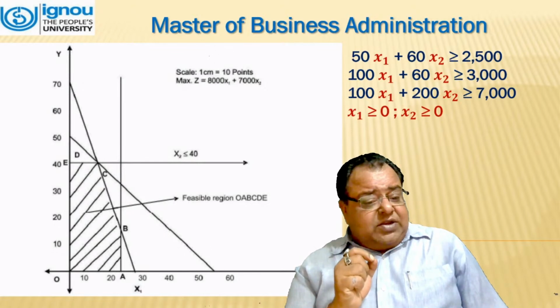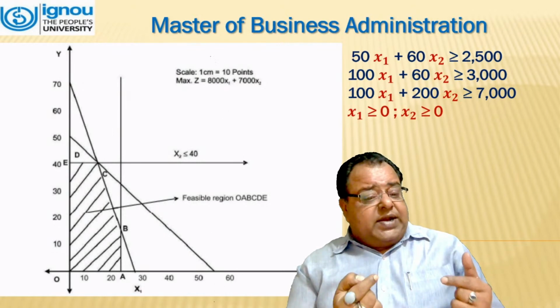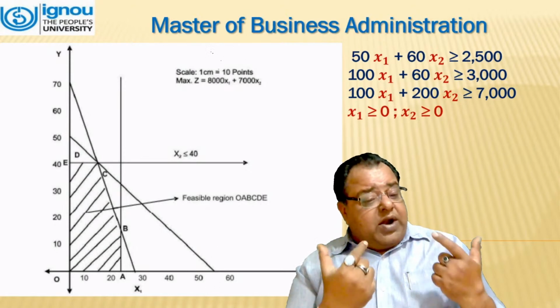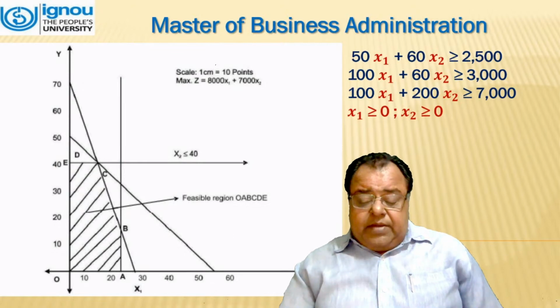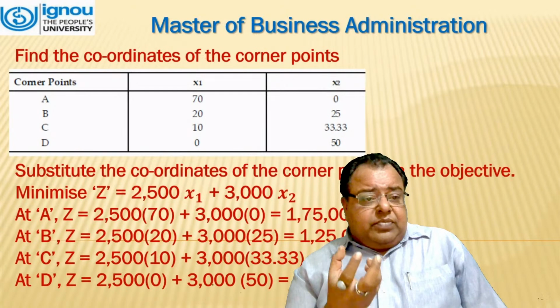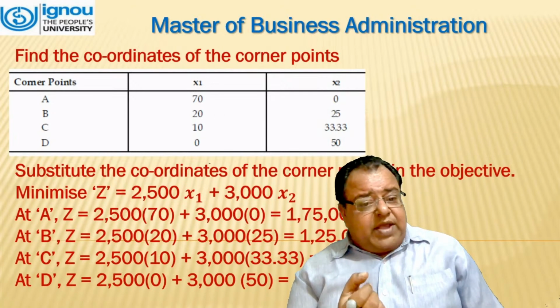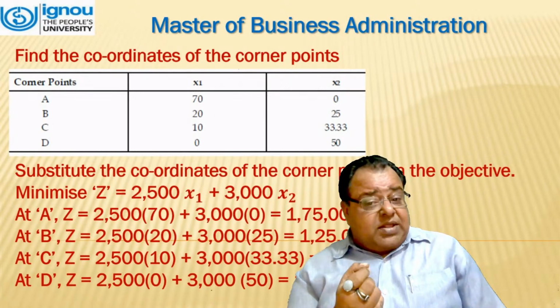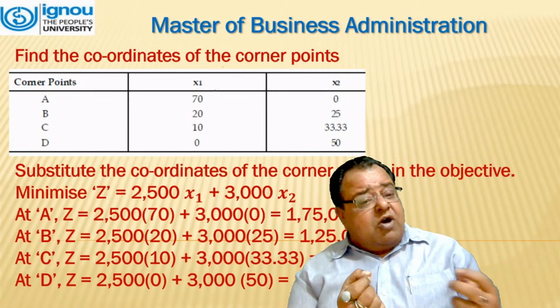So we can see over there are 4 points A, B, C, and D. We have to take the coordinates of A, B, C, and D. Coordinate A has 70, 0. Coordinate B has 20, 25. Coordinate C is 30, 33.33. And coordinate D is 0, 50.